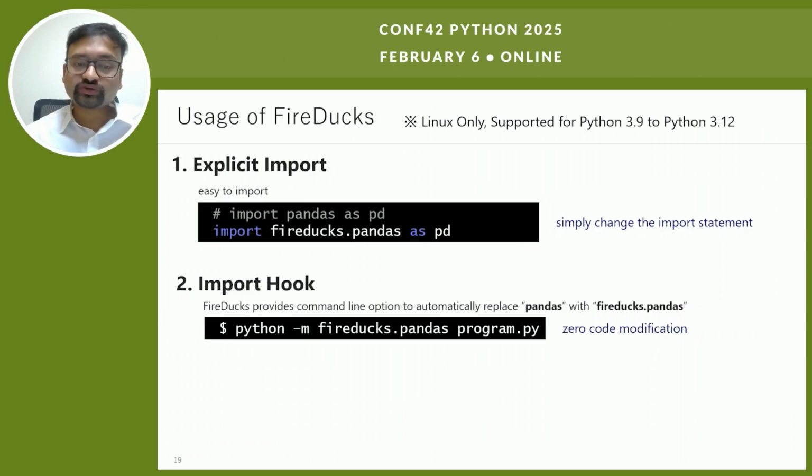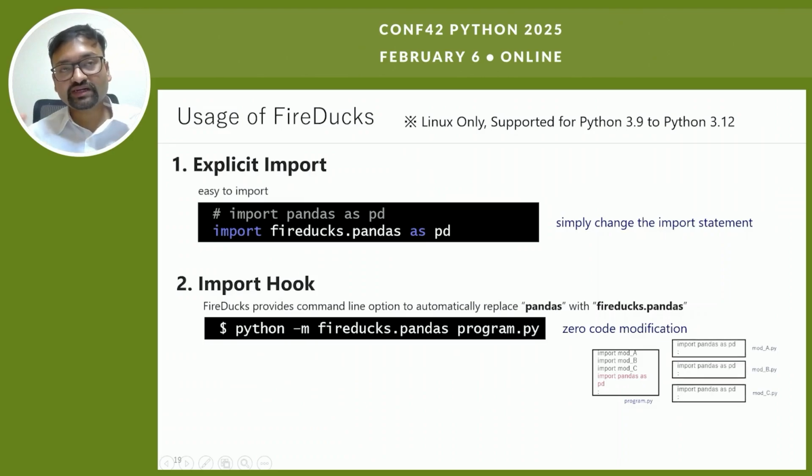Now, how about zero code modification? If you are using a program that imports pandas and other modules, those modules might in turn import pandas as well. So do you need to replace all these imports yourself? No, there is monkey patching. When executing the program using the Python command, just pass the -m option followed by fireducks.pandas.